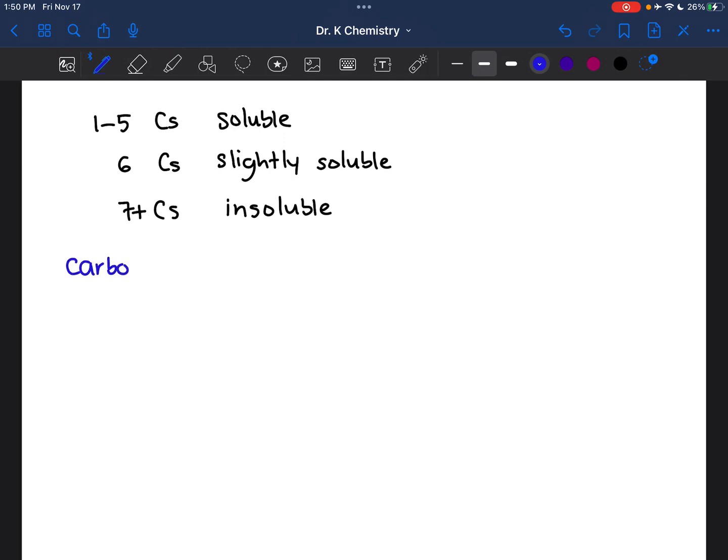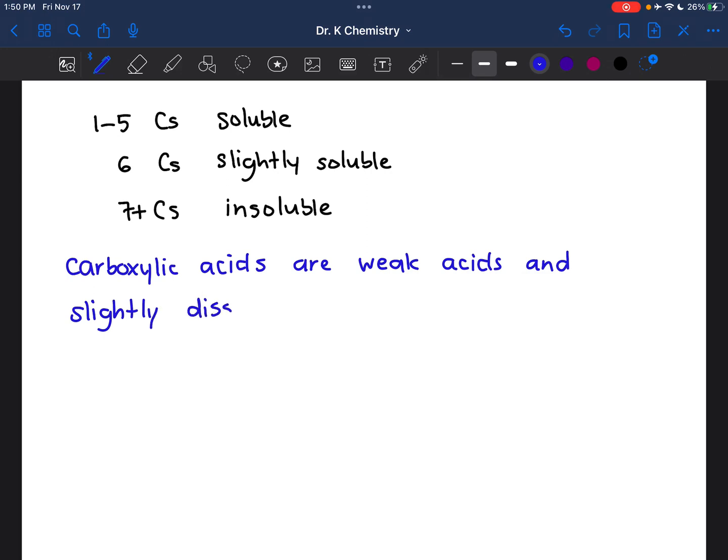Now keep in mind that carboxylic acids are weak acids, hence the term acid. And that means that they slightly dissociate in water.